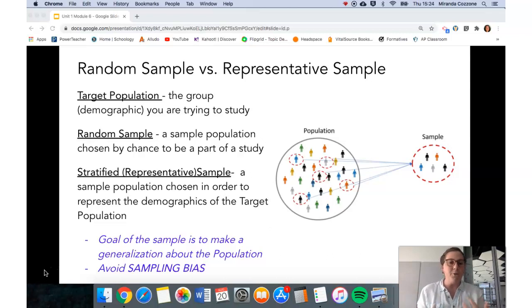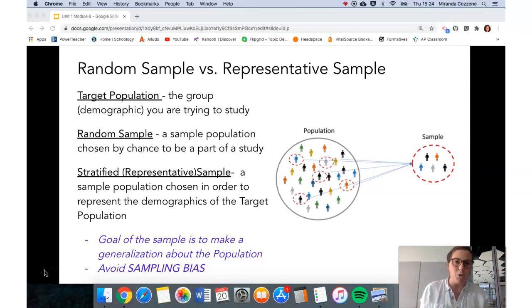Second option, I can do a stratified sample. And with that sort of sample, I'm trying to choose an equal number of students to fully represent the Carondelet and De La Salle community. So half my students would need to be from Carondelet, half my students would need to be from De La Salle. I'd need an equal number of freshmen, sophomores, juniors, seniors, etc. So one, I'm randomly sampling from the entire population.